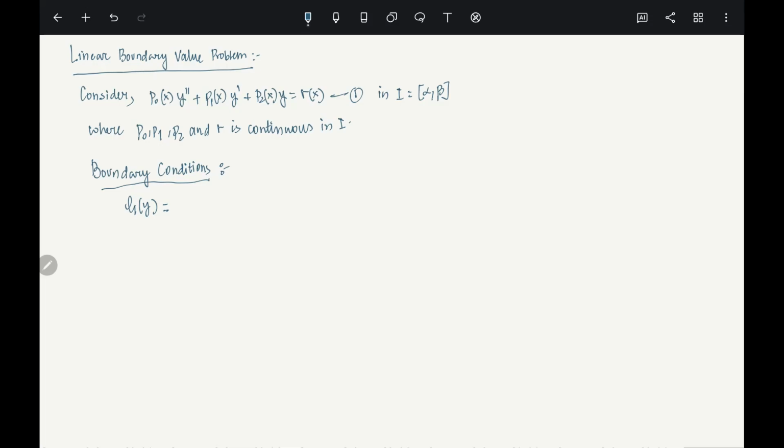It is a naught of y at the point alpha plus a1 of y prime at the point alpha plus b naught of y at the point beta plus b1 of y prime at the point beta equals capital A.